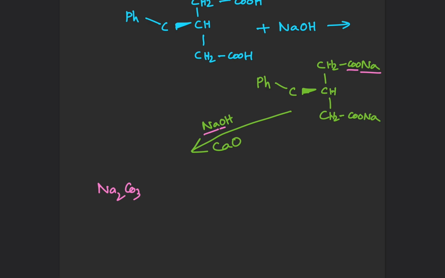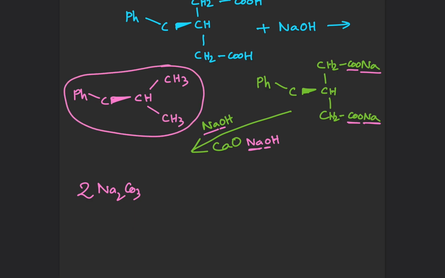Assuming there is plenty of NaOH, Na and Na from here and CO2 and O from here, so again 2 moles of Na2CO3 come out. And this H becomes a part of your CH2, and one more H becomes a part of your other CH2. So ultimately our R will be PhCH=CH-CH3 and CH3. So this will be our R.